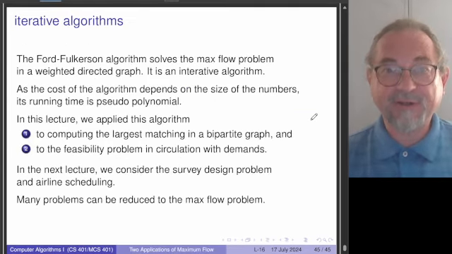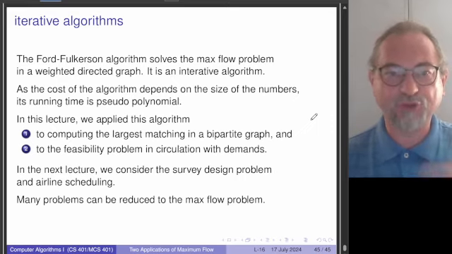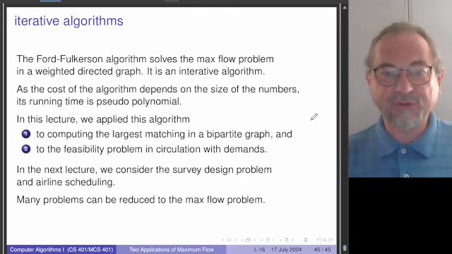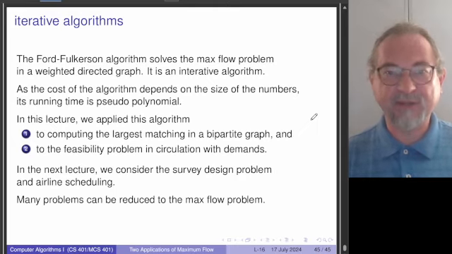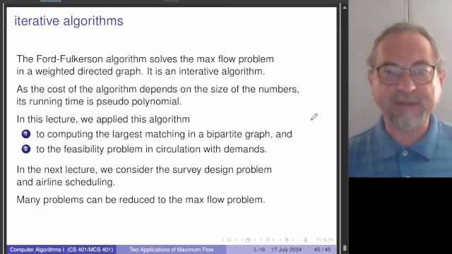Okay, so we are studying an iterative algorithm that runs in stages. So that algorithm is no longer strongly polynomial as the size of the numbers matter. In this lecture, the first half, second half, we took two problems that are seemingly very unrelated and showed that the same algorithm, which is more complicated than all the algorithms that we have seen before week 6, solves it.